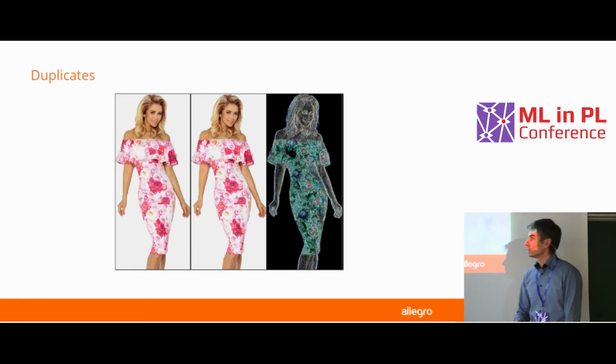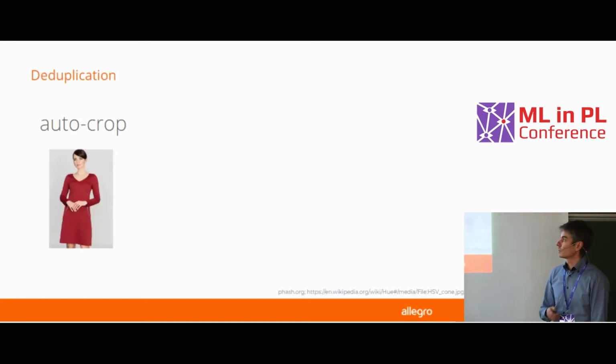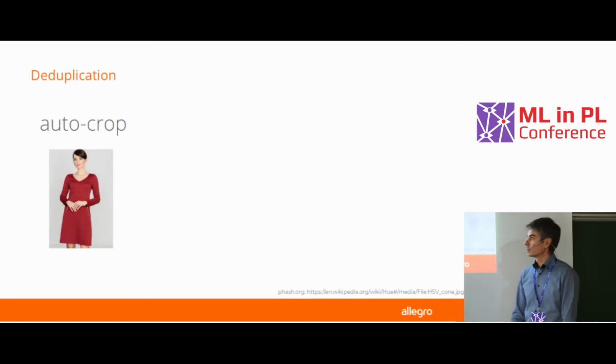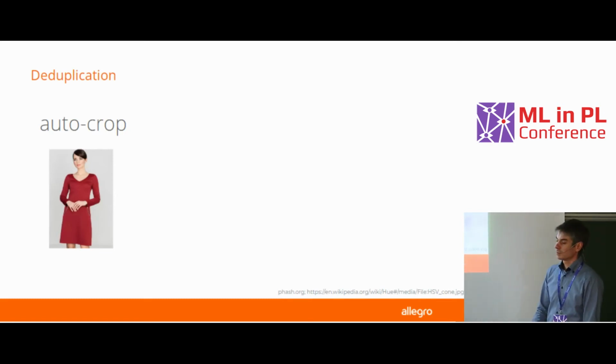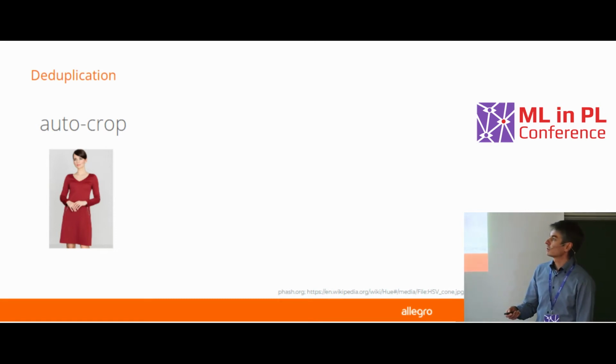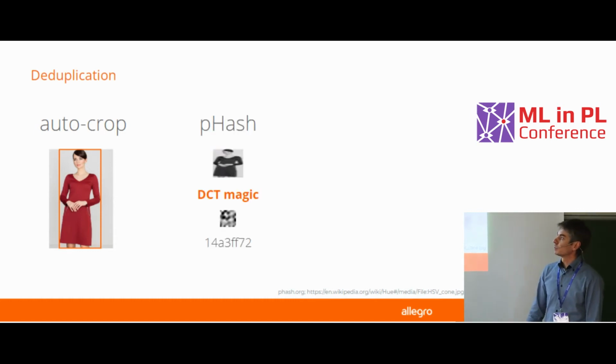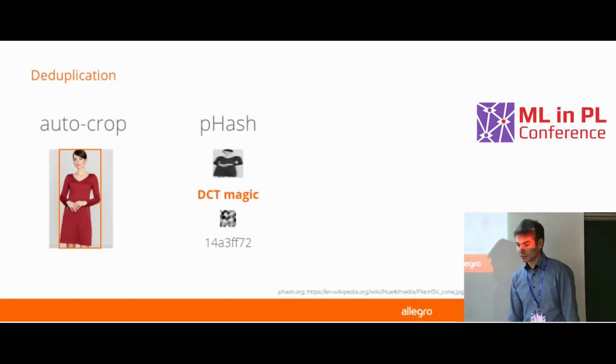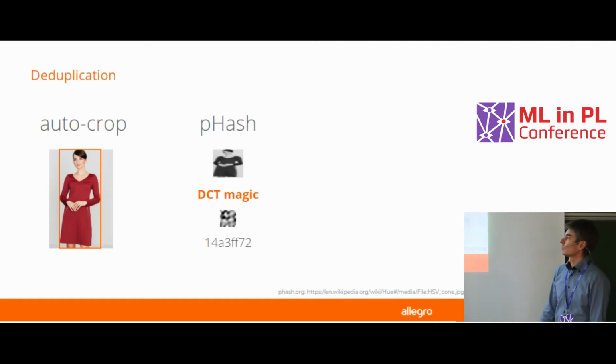So how can we mitigate this problem? Of course, with some kind of deduplication. And our deduplication pipeline consists of several steps. First, we auto-crop all images to get rid of some random translations. Then we compute a perceptual hash, actually a variant based on discrete cosine transform.